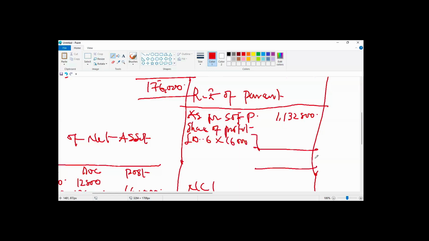No impairment, no anything. 0.6 times 16,000. What do we have? 9,600.